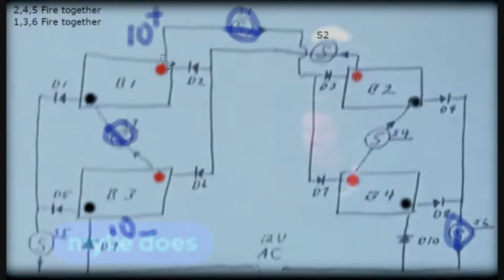Okay. Well, the 10-volt can go across here, through the diode, across the battery, through the diode. Now keep in mind, this is currently a 5-volt battery because this switch is open.